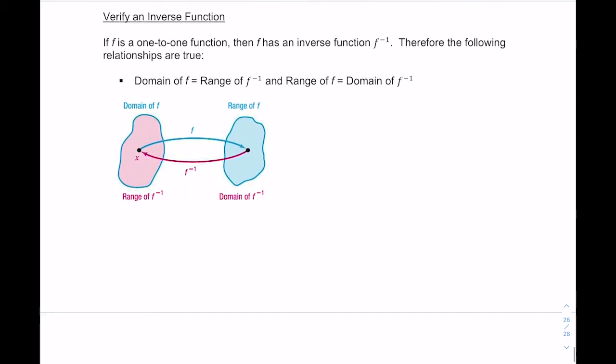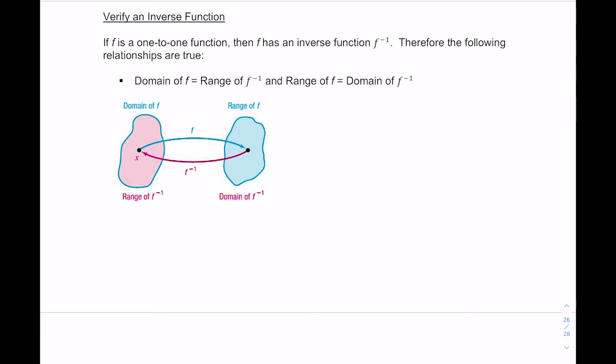One way to verify that functions are inverses of each other is to determine whether the range and domain switched, okay? And we learned from graphing above that the function will always reflect over the line y equals x, and then you have the inverse function.